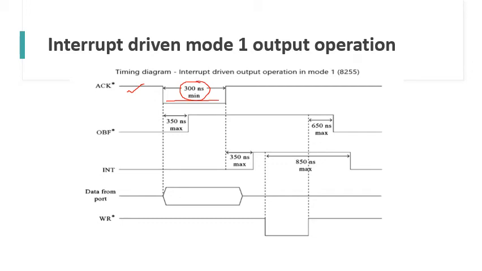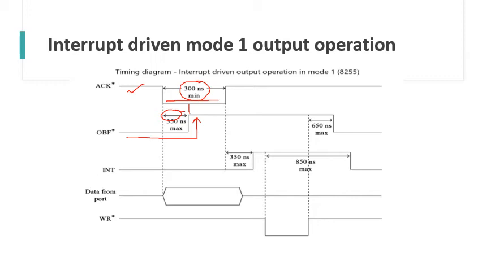As soon as the acknowledge pin goes low, it indicates that it has received the output data, and the pulse lasts for 300 nanoseconds. After a maximum of 350 nanoseconds from the start of this acknowledge pulse, OBF, output buffer full, goes to 1 from 0.